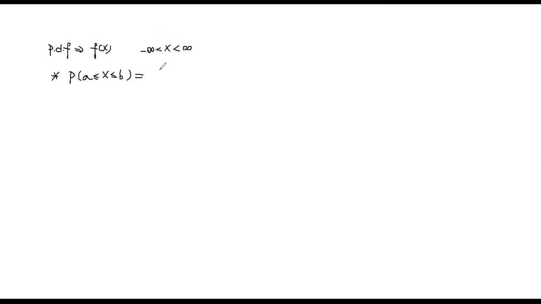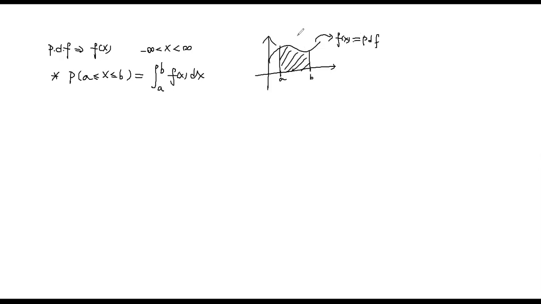Just like in calculus, you integrate f of x from A to B. If this is your PDF, f of x, and you want the probability between A and B, you find the area between these two points.